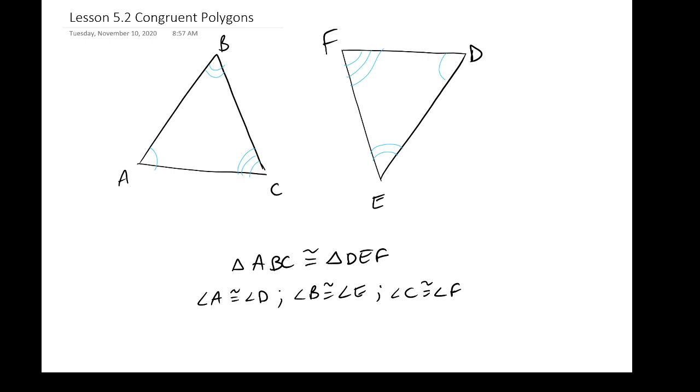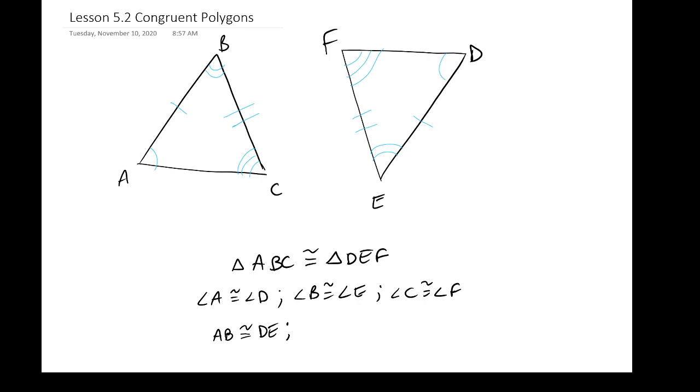So next up, we have AB congruent to DE. It's the first and second, congruent to the first and second. Sorry, it's not an angle, it's just a line segment. AB congruent to DE. The next is going to be BC, which is going to be congruent to, right? It's the second and third. Has to be EF. And I have to use two tick marks because I've already used one tick mark.